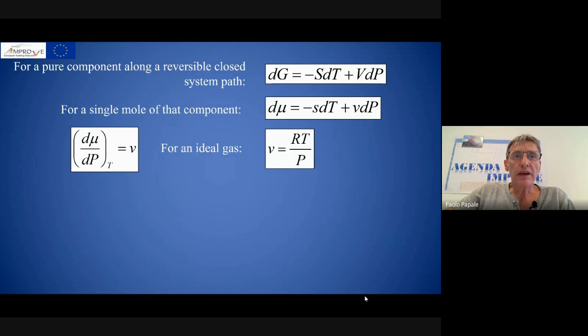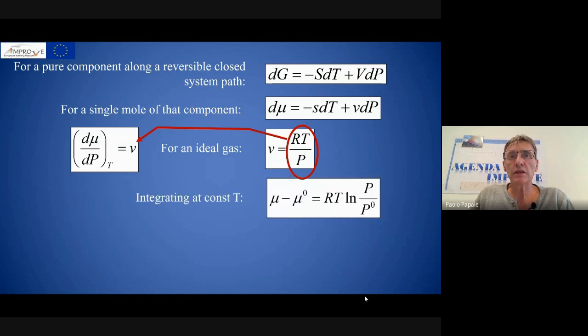Now, let's apply this to an ideal gas, for which the molar volume is given by the gas constant R times temperature divided by pressure, the ideal gas relationship. We can substitute this expression into the right-hand side of the differential equation on the left and integrate at constant temperature. Careful here.